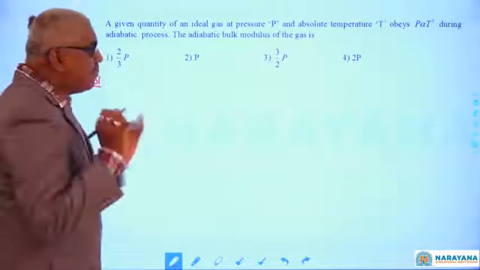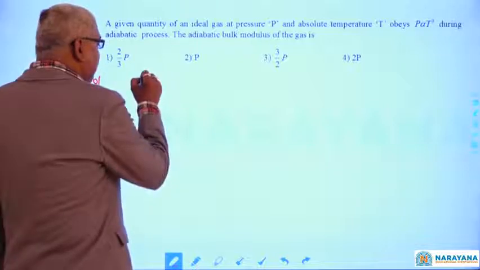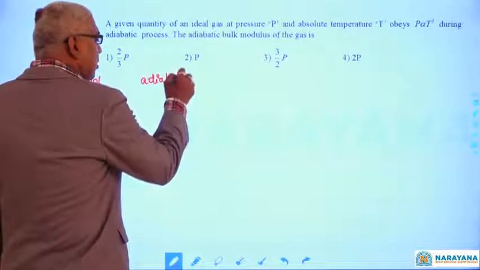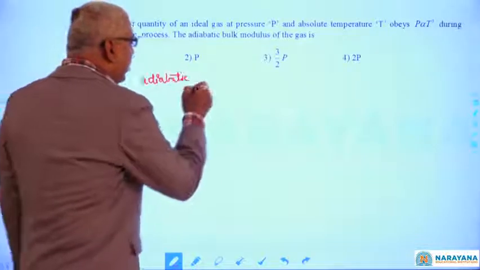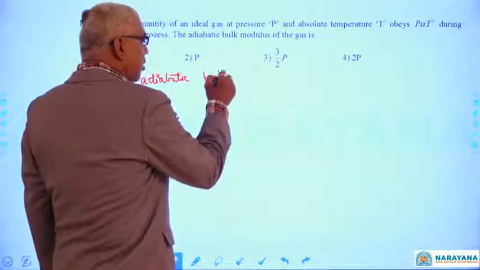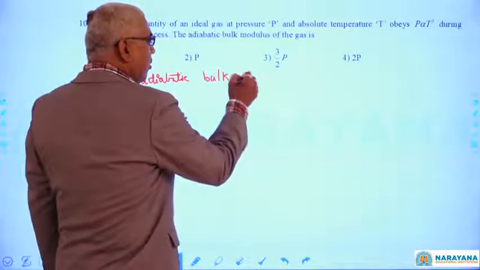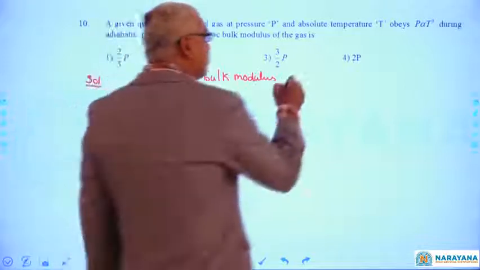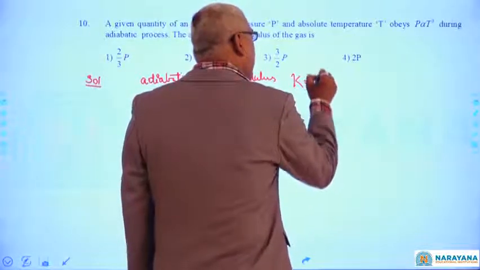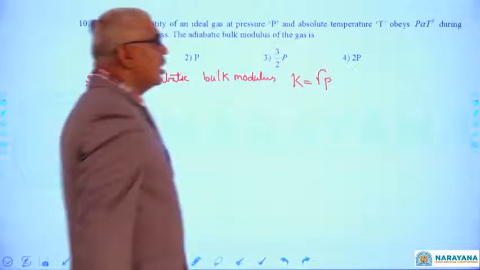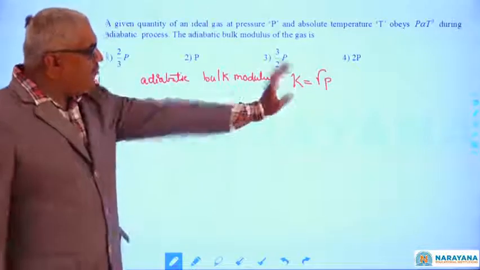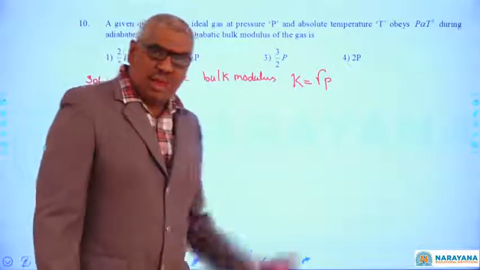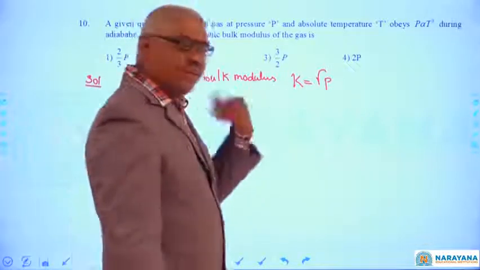You know adiabatic bulk modulus is given as K equals gamma P. From the given problem, if you find the gamma value, then your answer is over.